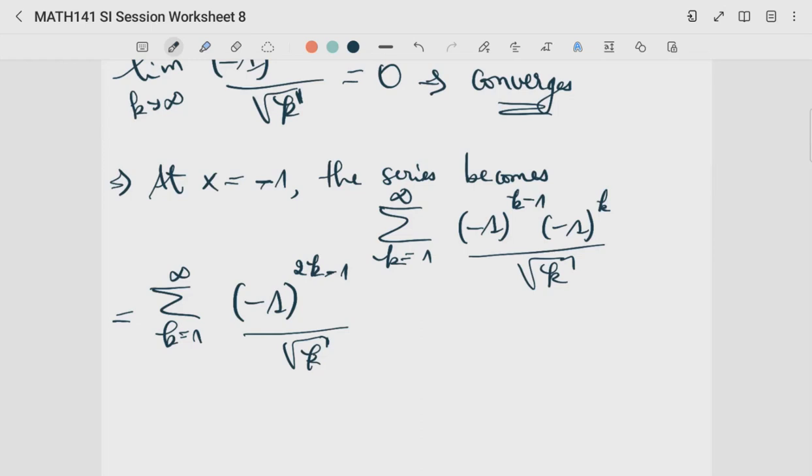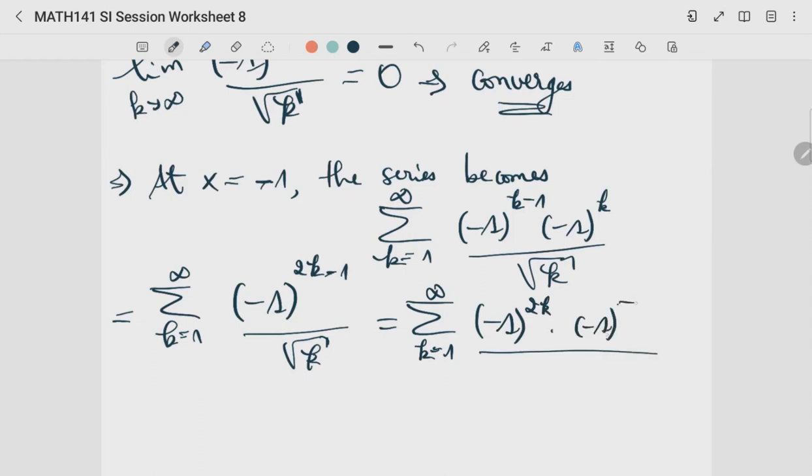So we can rewrite this as the sum from k is equal to 1 to infinity of (-1)^(2k) multiplied by -1, all divided by root of k.